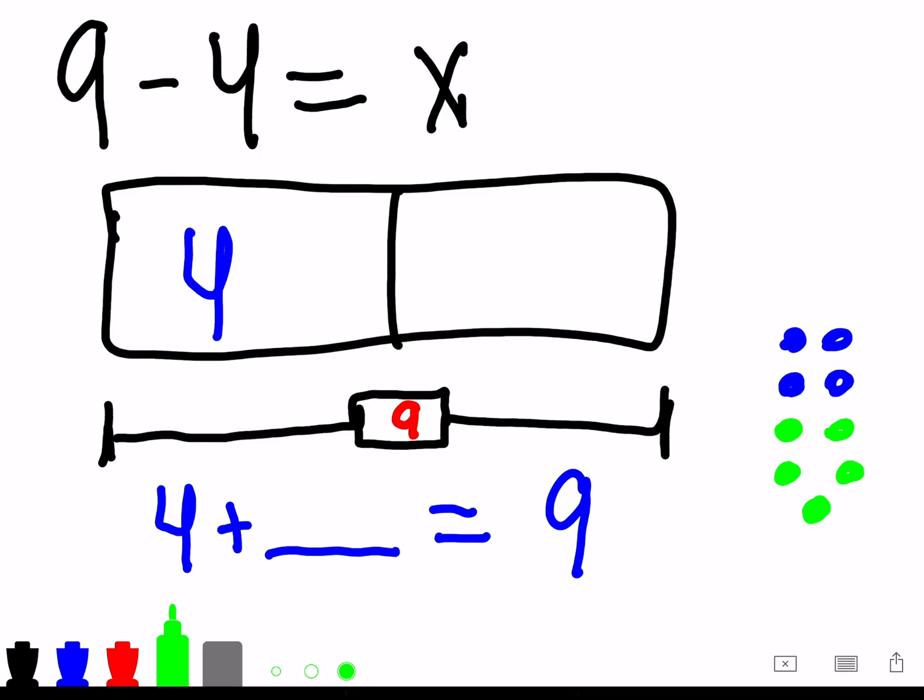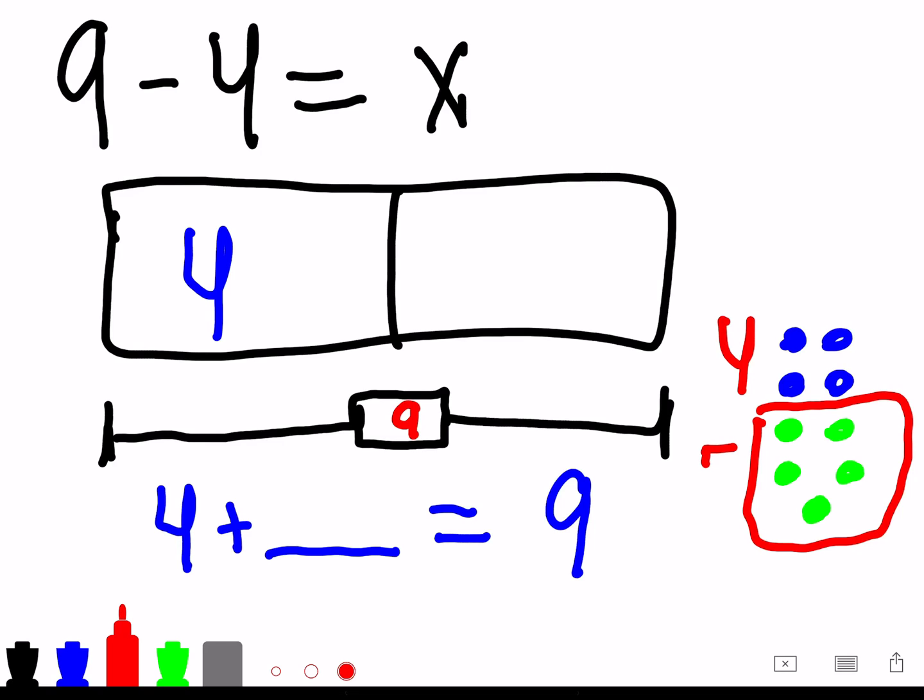So if we count out the green dots, like this section right here, because we know this is 4, and this is our missing piece. So if we count out 1, 2, 3, 4, 5, we got 5. So 4 plus 5 equals 9.